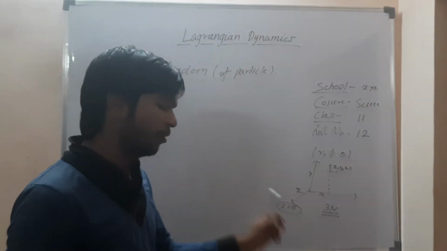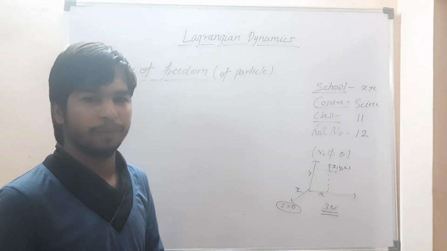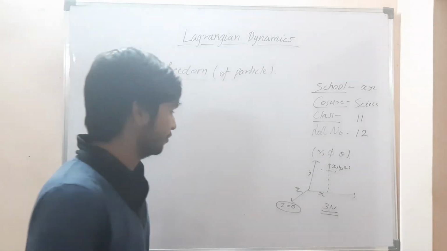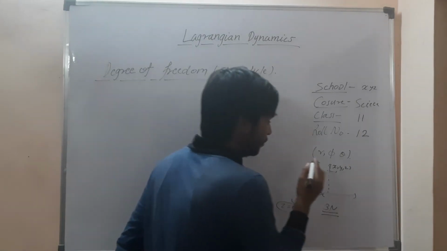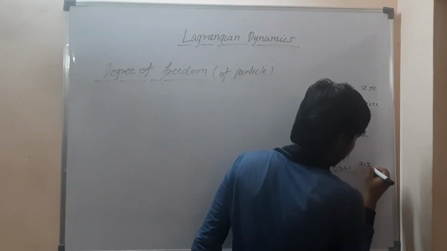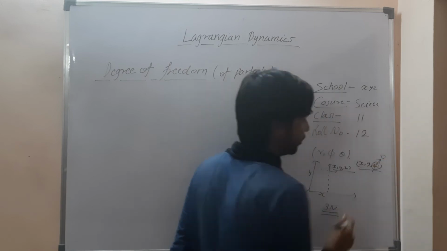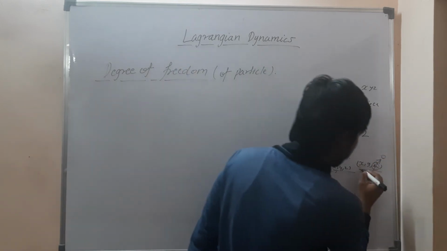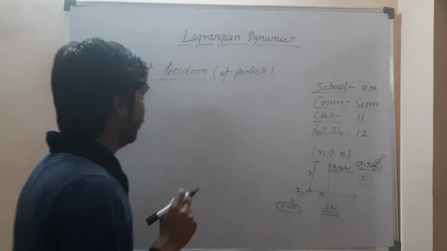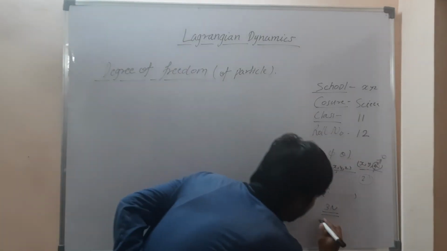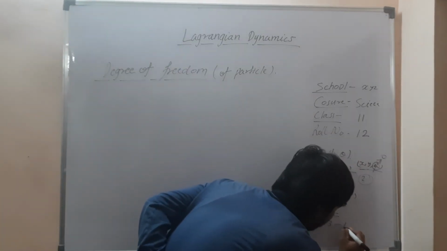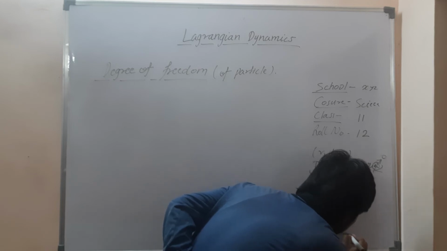For the location of a particle, how many coordinates do I require? Before, I required 3 coordinates. Now the z coordinate I know is 0, meaning it's not changing. So how many do I require? 2 coordinates. Before there were 3 coordinates, now 1 less, so I require 2 coordinates.